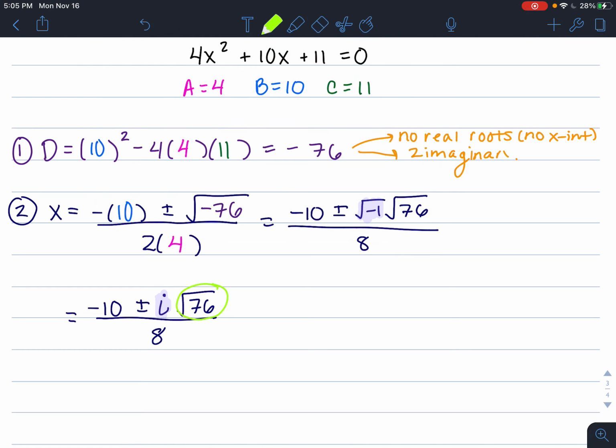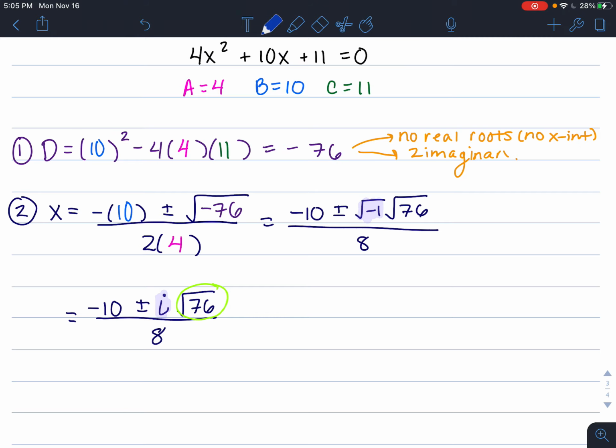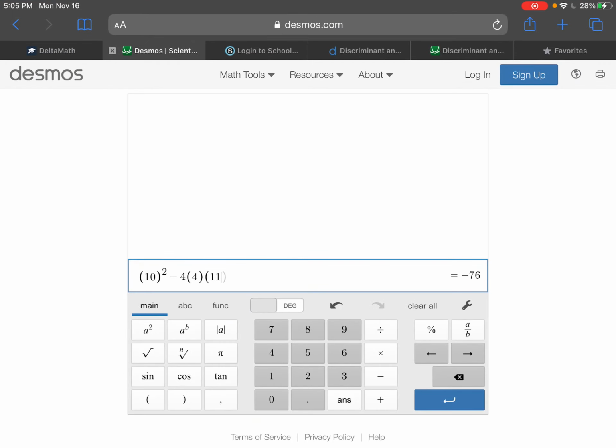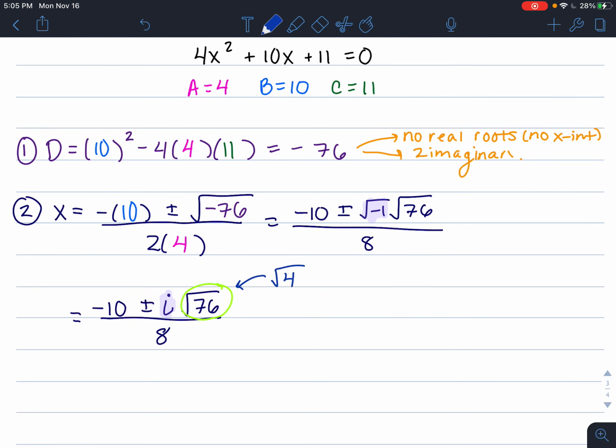So now what we need to do is we need to see if we can break this down. So 76, I can rewrite. Right, I think 4 goes into this number. We're going to check with our calculator. So we've got 76 divided by 4. That's 19. So I can rewrite this as the square root of 4 times the square root of 19.